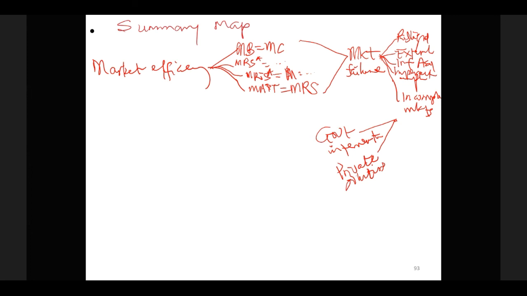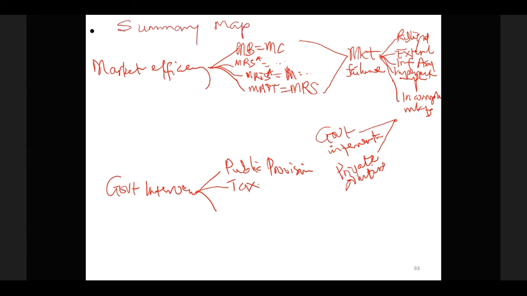So on the government intervention side, intervention will happen in terms of public provision, where government pays for public goods.